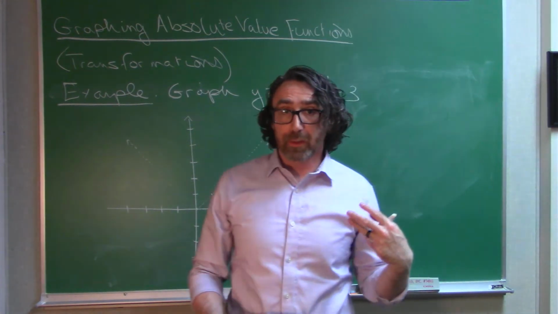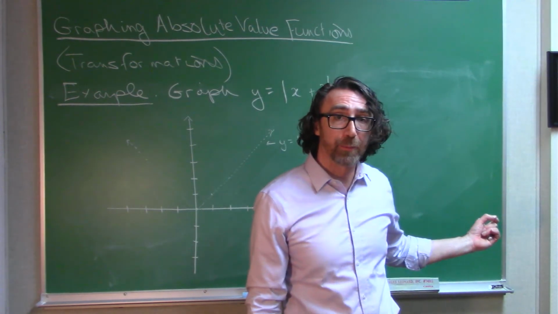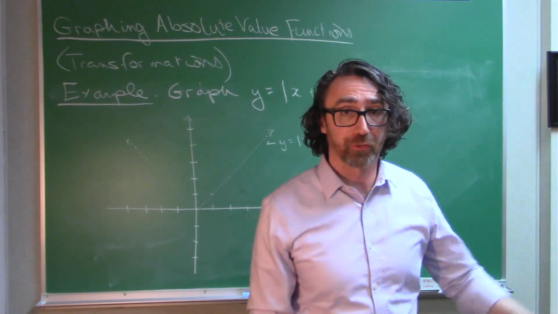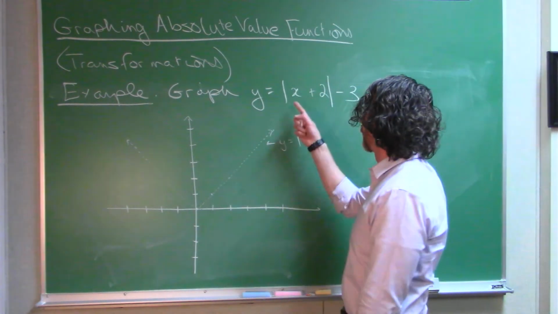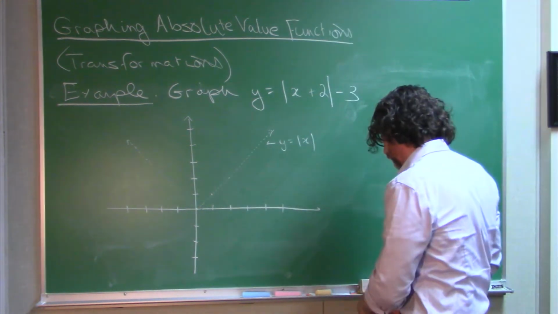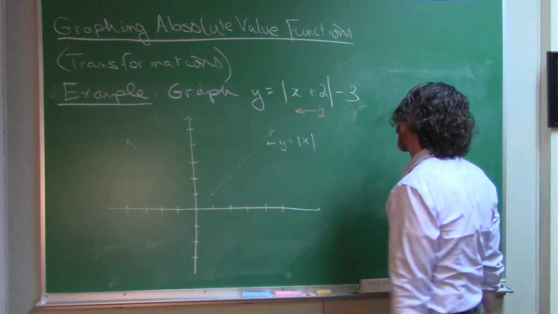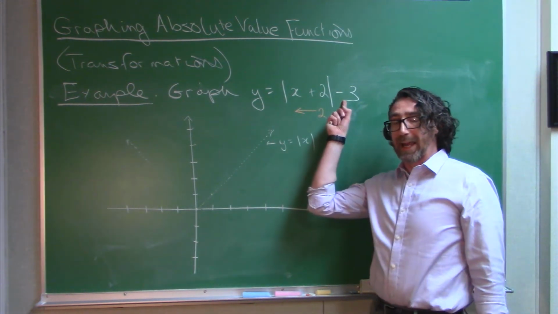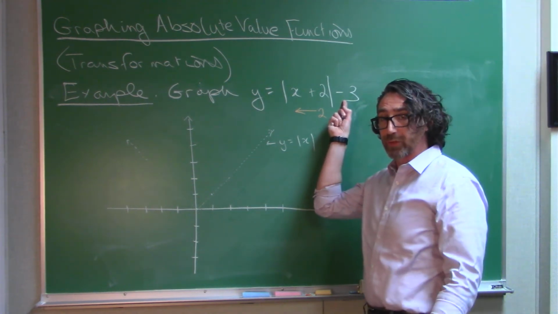Well, as you can probably surmise, in the previous example, when we replaced x with x minus 3, that moved us 3 units to the right. Well, here we replaced x with x plus 2. That's going to move us 2 units to the left. When we had an extra number being added on the outside, that moved us up.